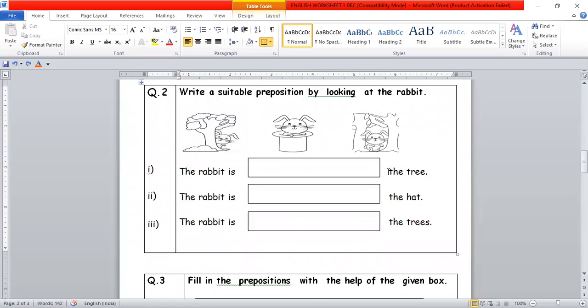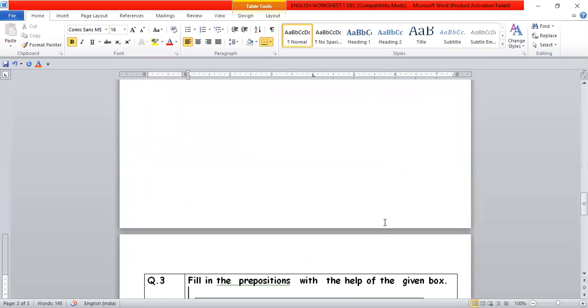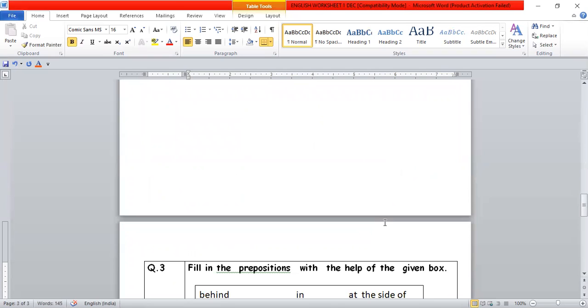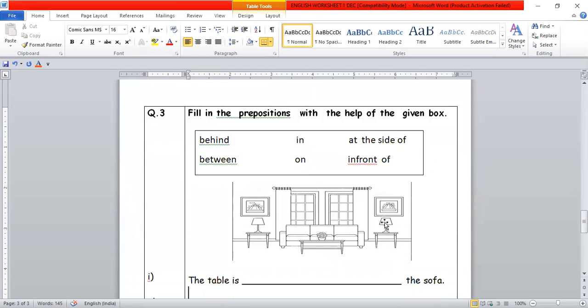Okay. Then the rabbit is, where is he? In the hat. And the third one, the rabbit is in between. Between the trees. This is how we get to know the correct position of the preposition.